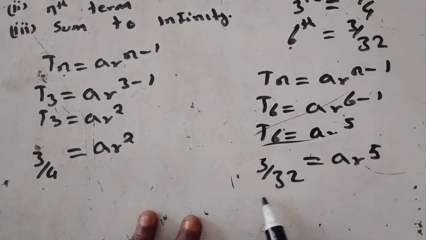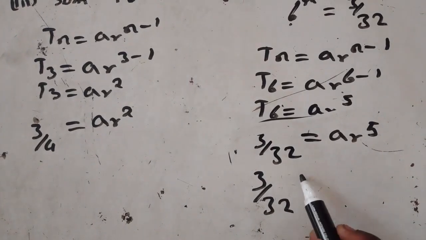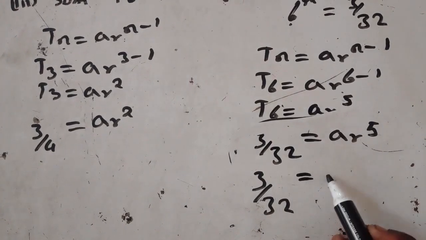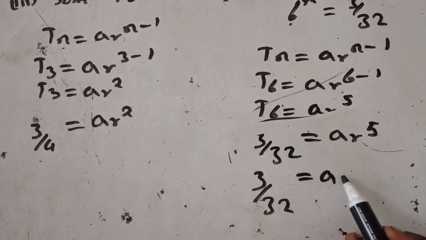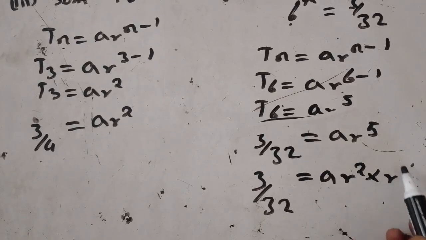So we're going to have 3 over 32 is equal to ar to the power 2 multiplied by r to the power 3.